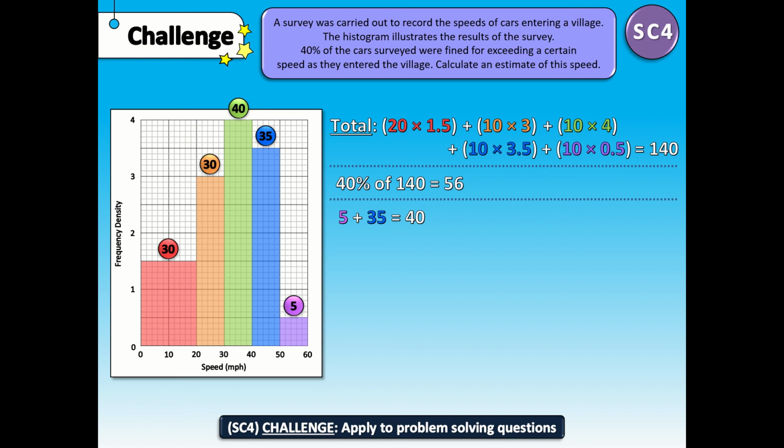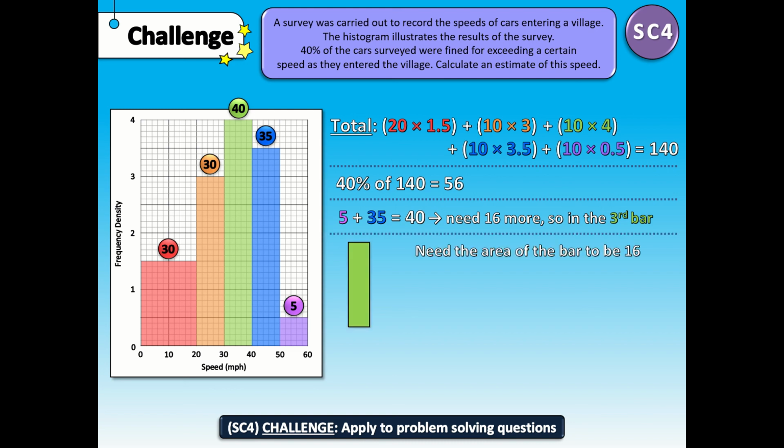Plus the next bar, the cars that were travelling between 40 and 50 miles per hour. So we need 16 more to get to 56. So we have a look in the third bar. So we need the area of the bar to be 16. We know the height of the fourth bar is 4.